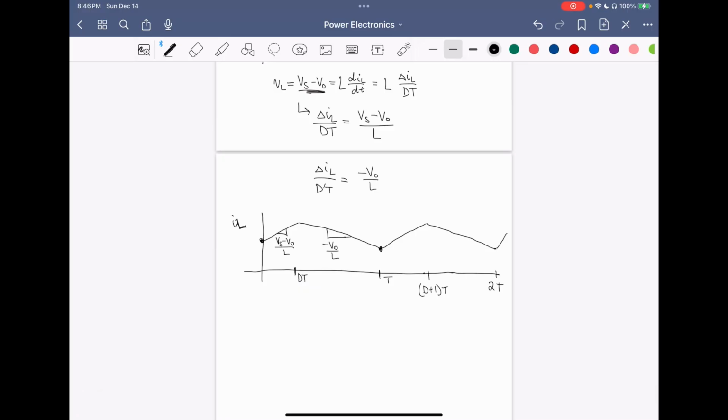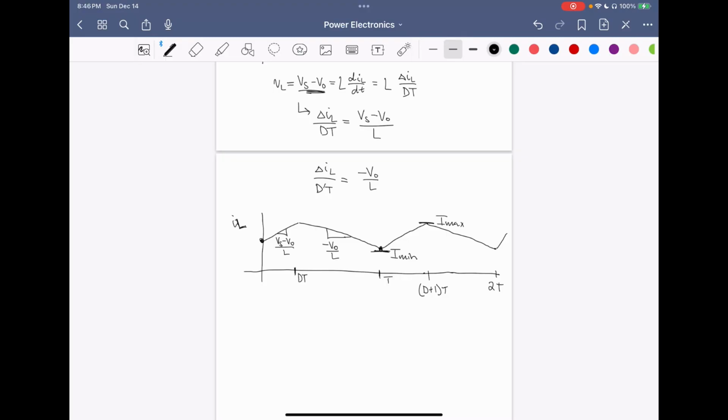So we found the inductor current waveform, and we want to solve specifically for the minimum inductor current as well as the maximum inductor current.